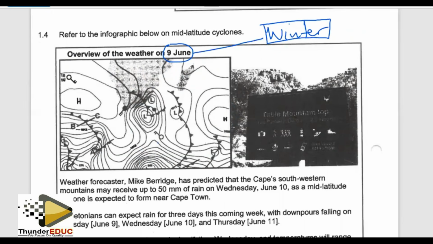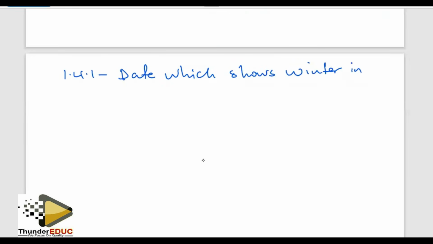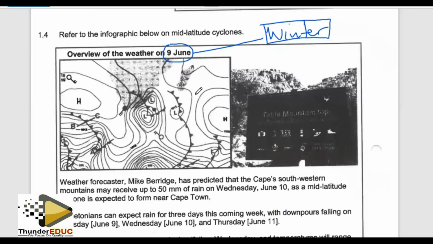What other evidence? That was for 1.4.1, we said that which shows winter in the southern hemisphere. Okay, which other evidence? Let's check. We can as well talk about the position of the mid-latitude cyclone.